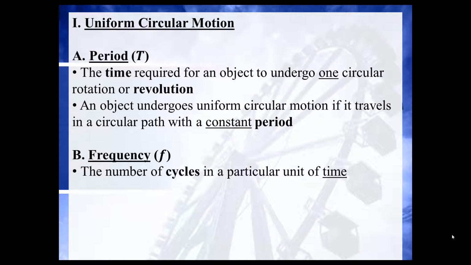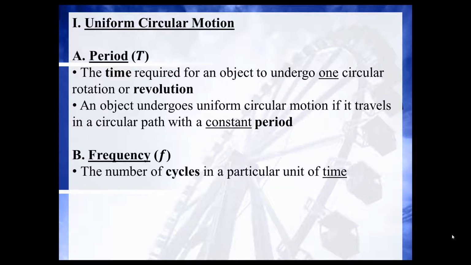In the spark timer, you needed to set the spark timer to either a frequency of 10 hertz or 60 hertz. 10 hertz means the spark timer makes 10 dots in 1 second. 60 hertz means the spark timer makes 60 dots in 1 second.